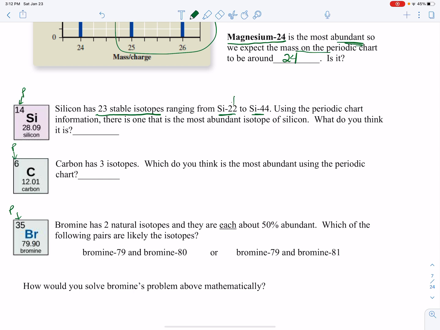Now, this is the number of protons plus neutrons. Even though there are 23 isotopes, the most abundant one is going to be the isotope that's closest to this number. If we round that number, the isotope is going to be the closest to that one. So it should be silicon 28.